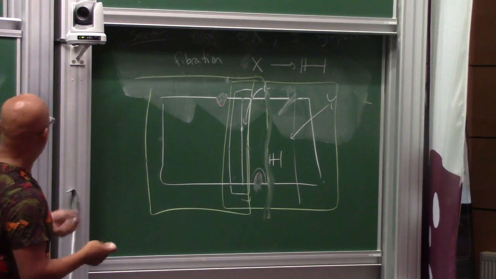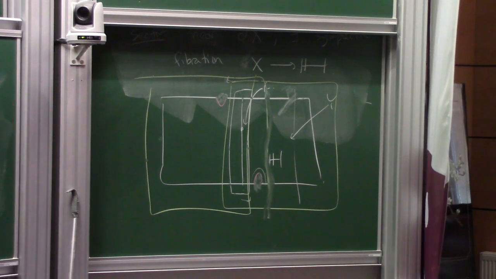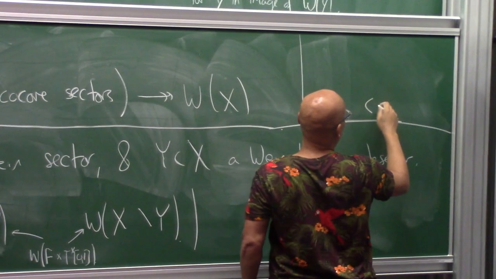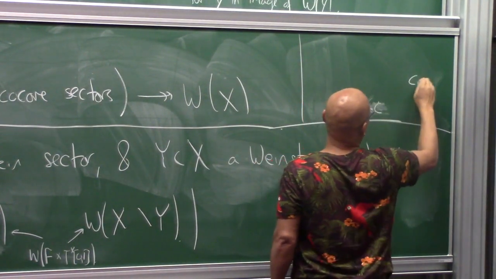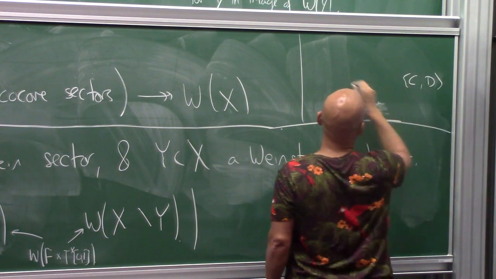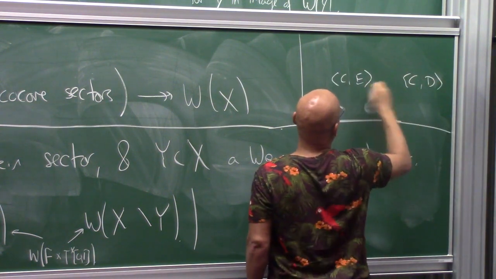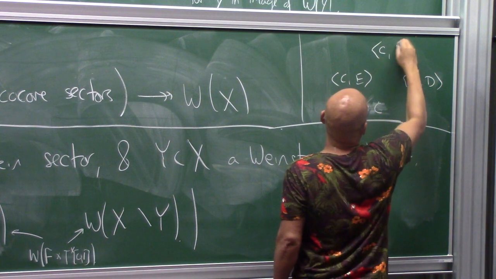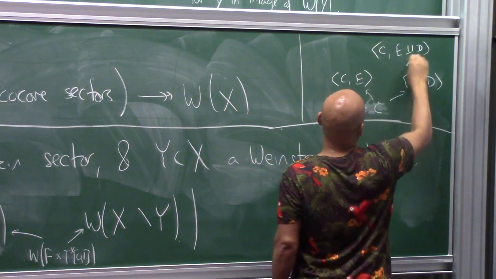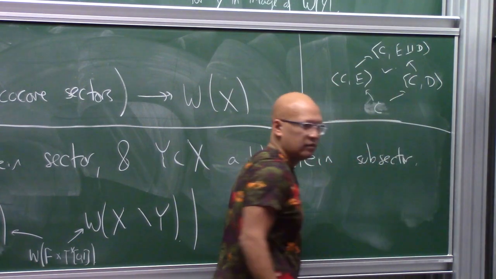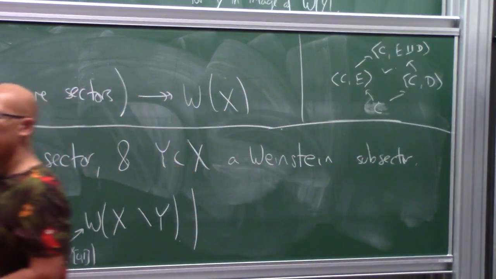But when you have a diagram of categories of this form, where you have some category C, and then here you have some semi-orthogonal decomposition C, D, and here you have C, E, and here you have C, E plus D, this is a push-out. That's just a fact about categories.